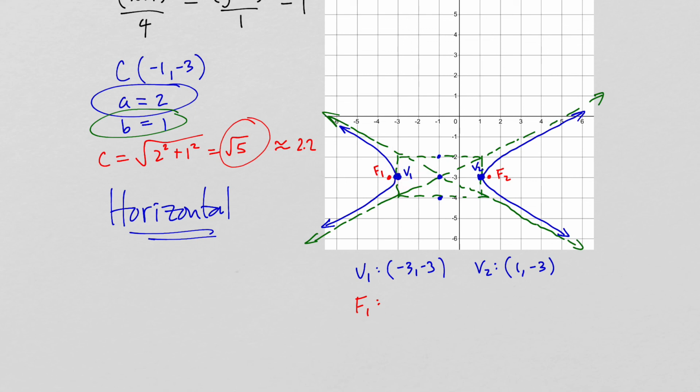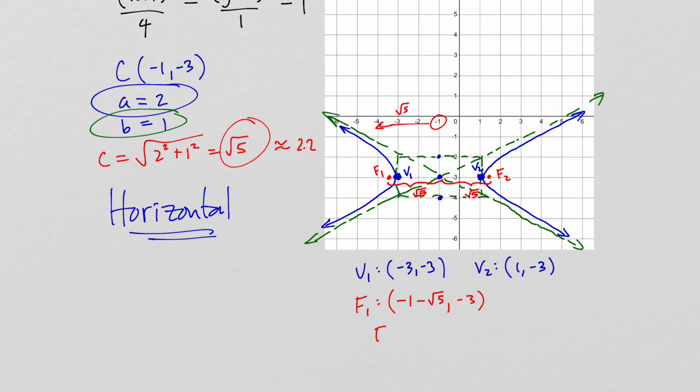So I know the distance between here and here is the square root of 5, and the distance between here and here is the square root of 5. So the x-coordinate of focus 1 is going to be, you start at -1 and you move the square root of 5 units to the left. So that's -1 minus square root of 5. And of course, the y-coordinate is -3.